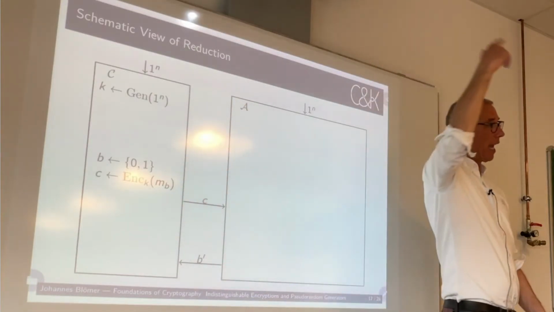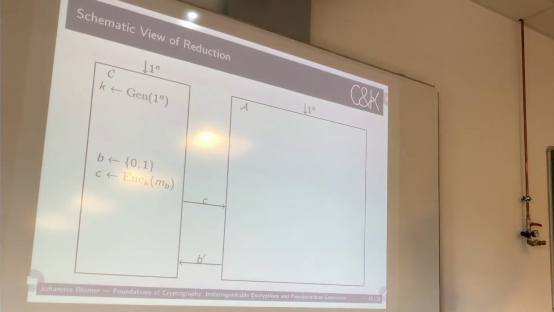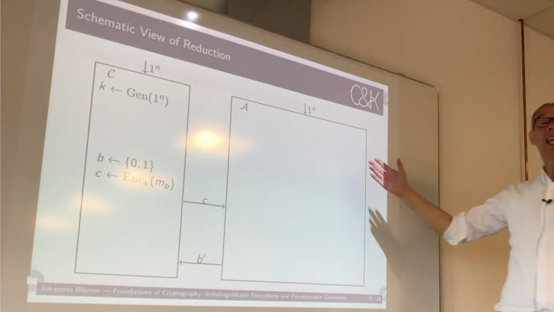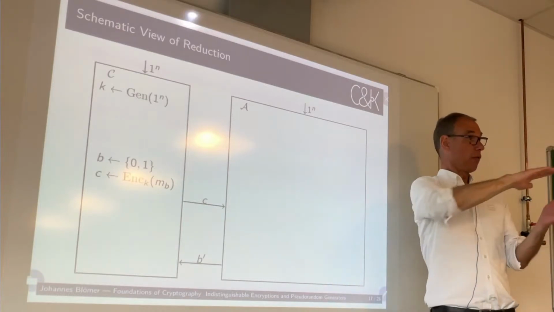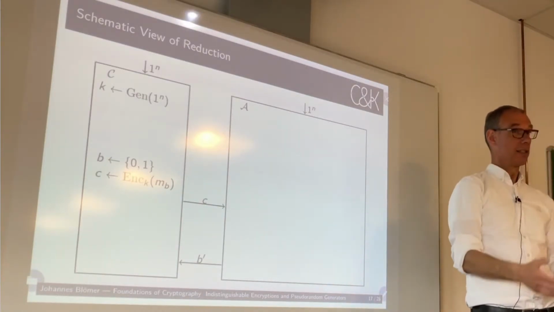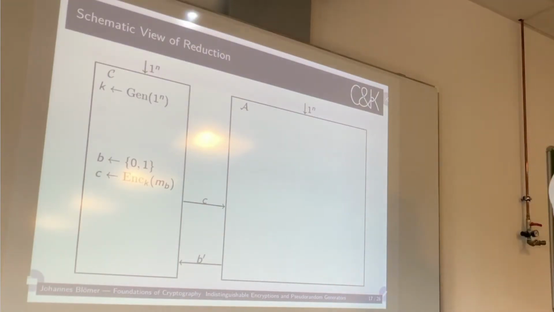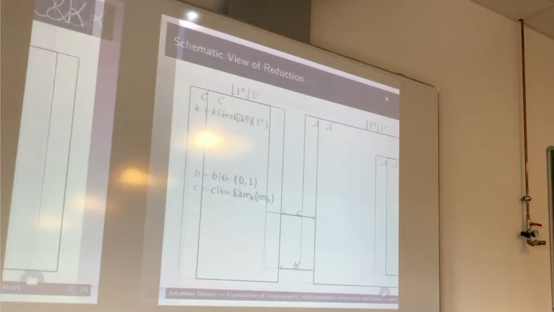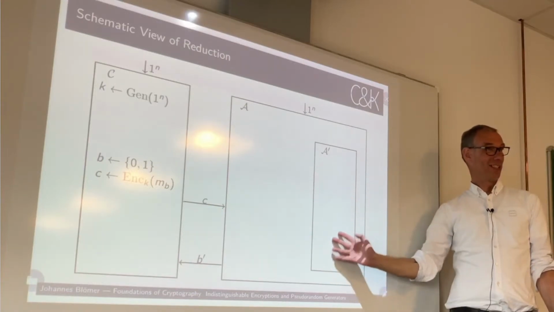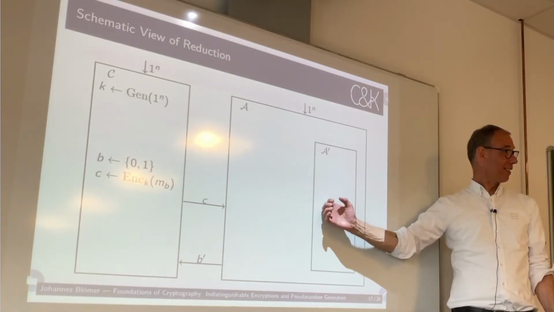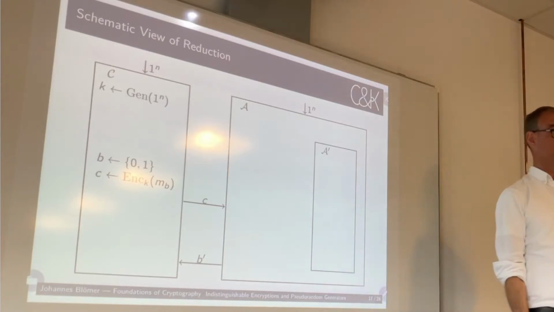And now, using A prime that is fixed but arbitrary, I want to fill in what my new A does, because I want to define an A from A prime. Now I fill in the details, and I can use A prime. That's why I put it inside here. It's a subroutine that I can use.